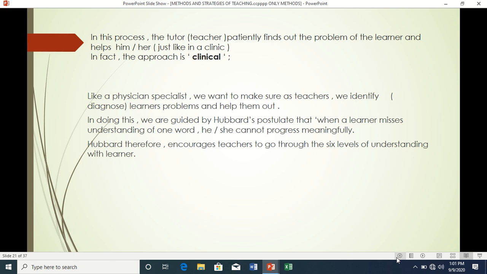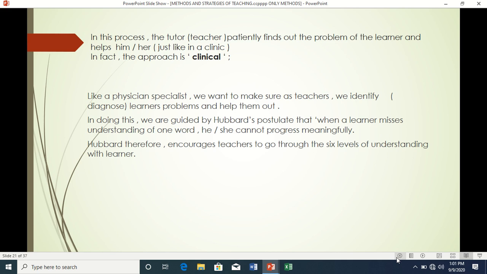So according to Hubbard, teachers must encourage themselves to go through the following 6 levels of understanding with the learner. It is similar to Bloom's taxonomy, in steps arranged in ranks like a ladder.